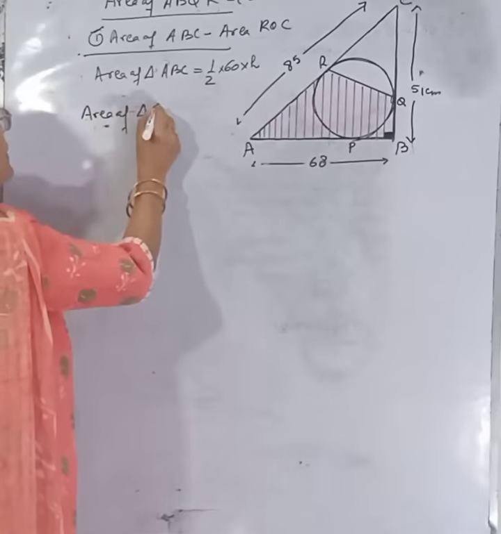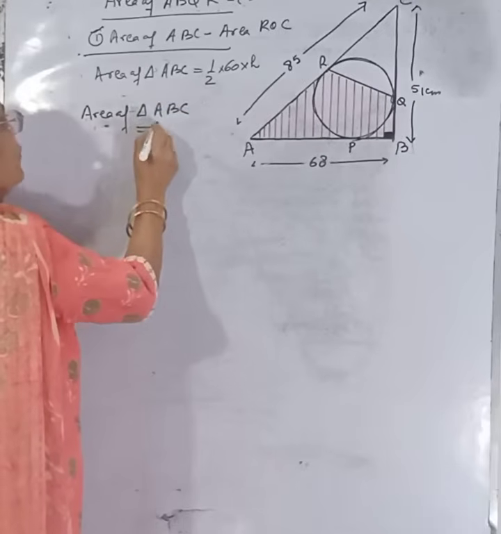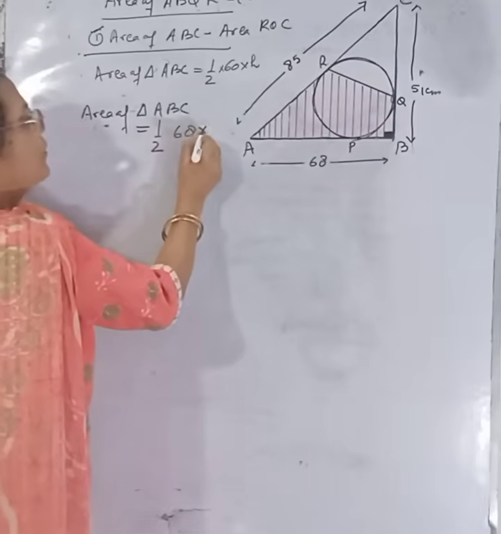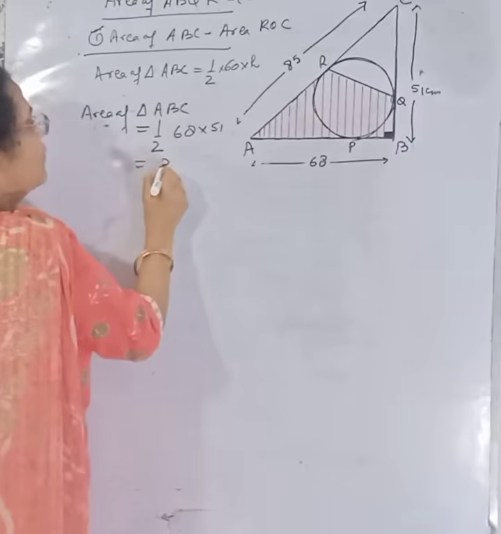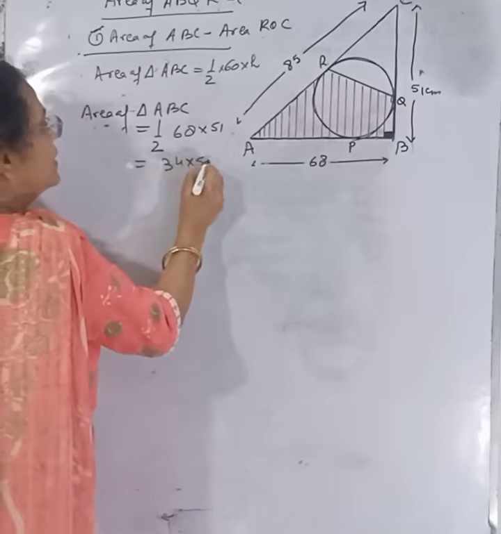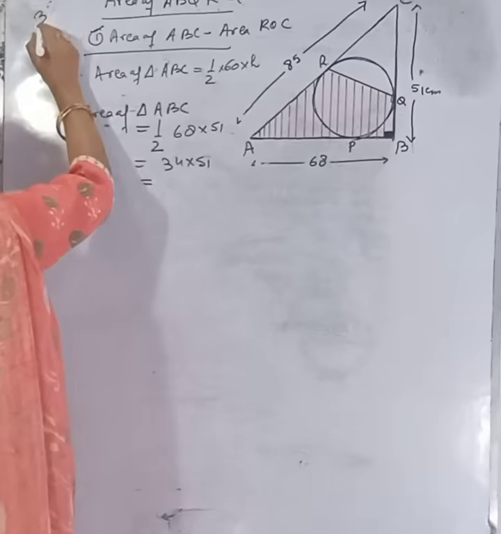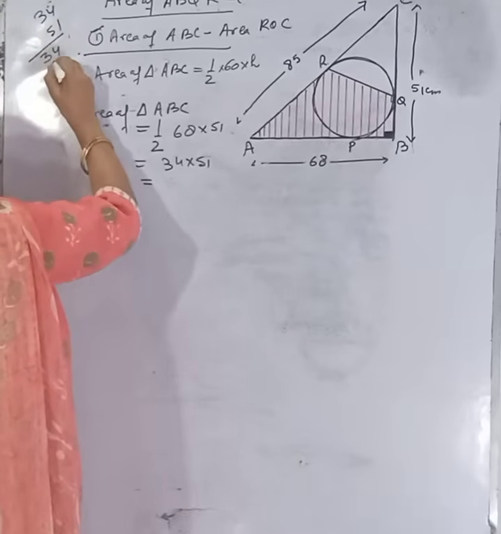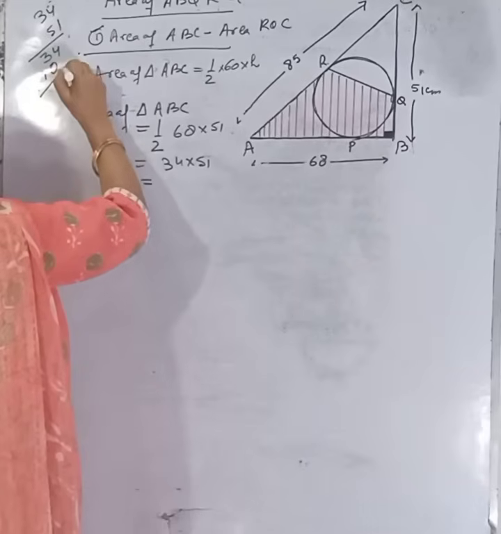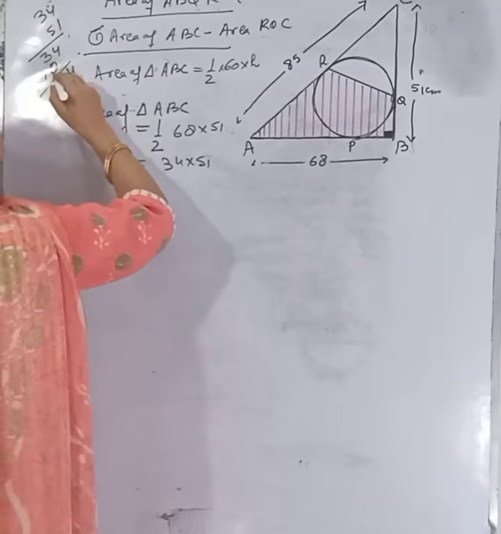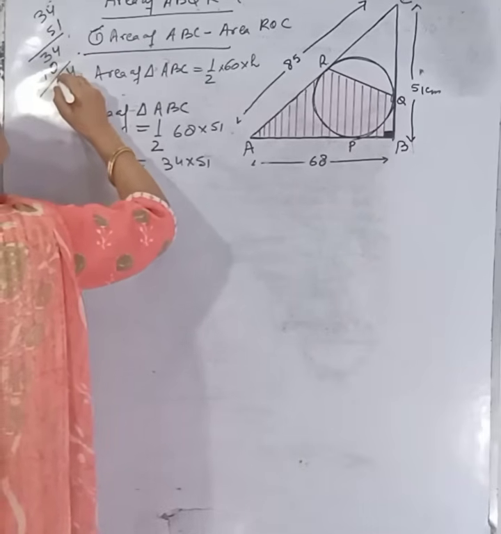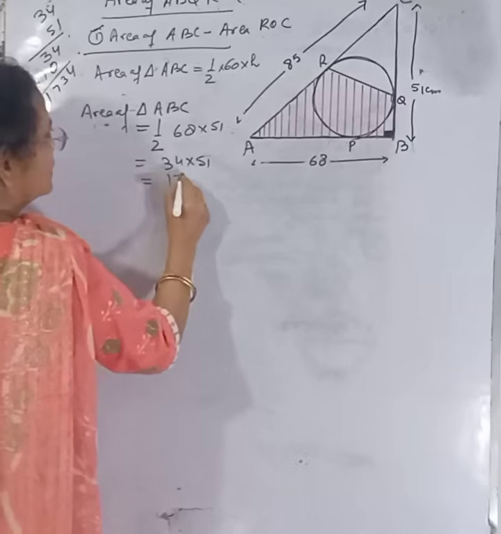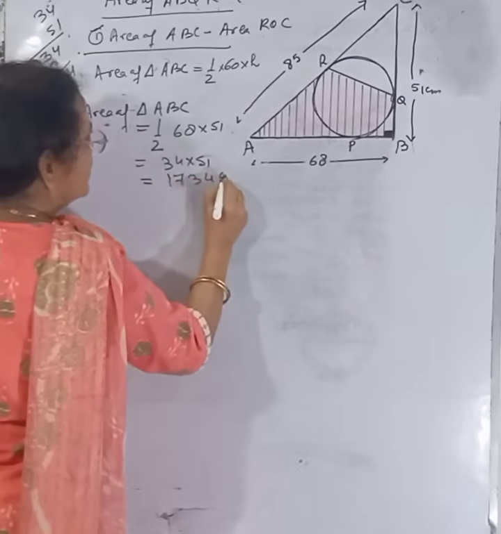triangle ABC. This will be 1 by 2, half base into height, 68 into 51. That is 34 into 51, that will be equal to 1734 centimeter square.